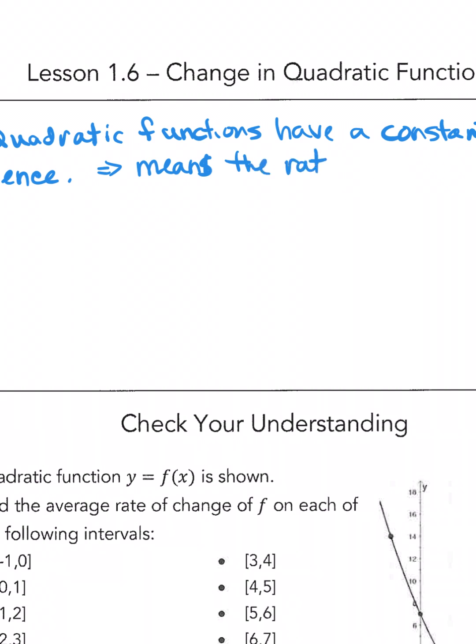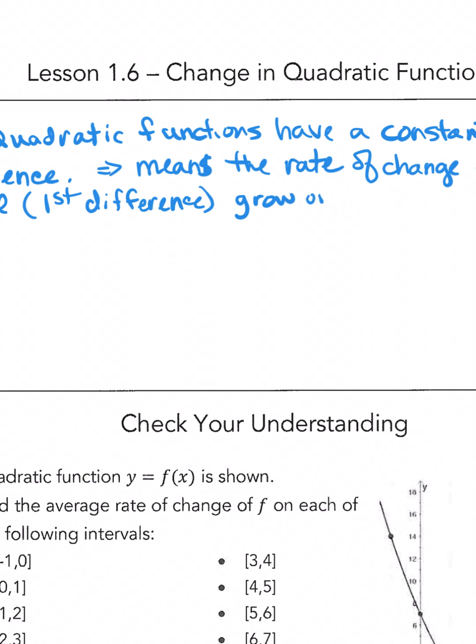It means the rate of change over each interval, and this would be the first difference, right, is going to grow or decline linearly. Now, learning target number 2.